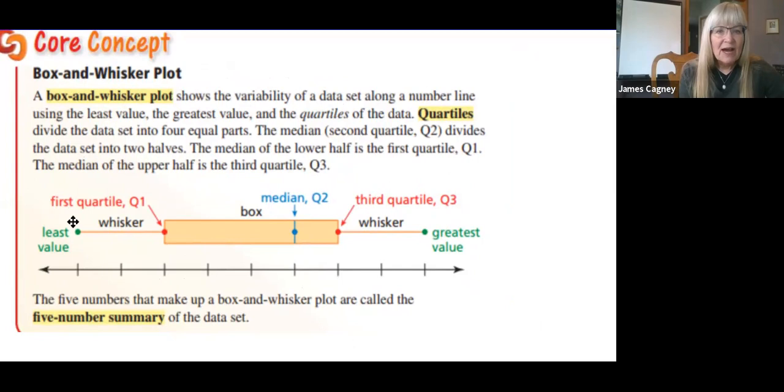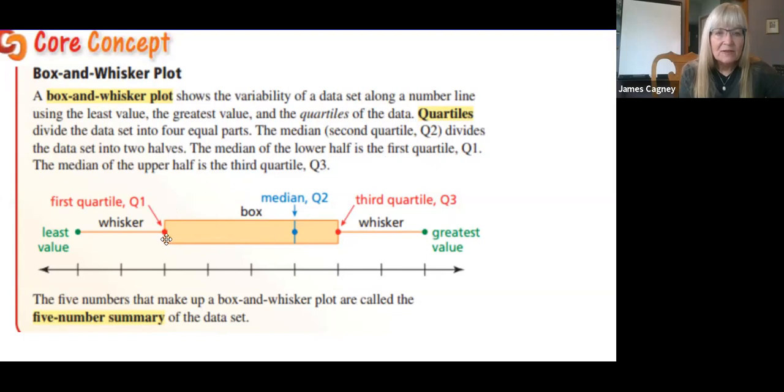Using the least value, here's my least value, the greatest value, which is over here, and then the quartiles. The quartiles divide the data set into 4 equal parts. The median, which is Q2, which is right there, divides it down into 2 halves. The median of the lower half is Q1, or quartile 1.